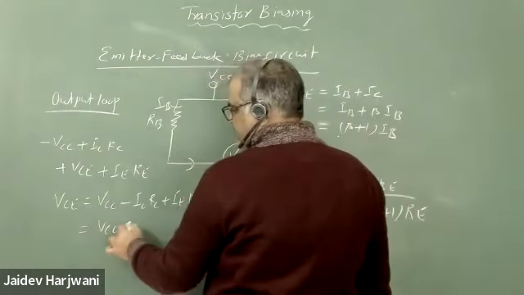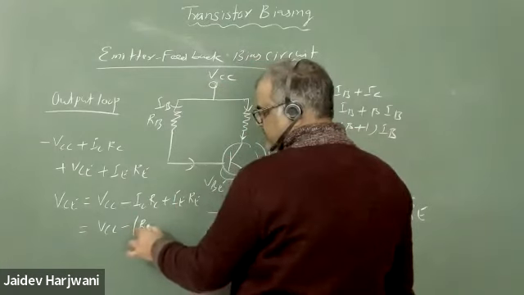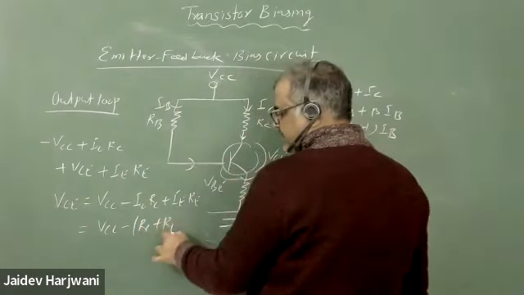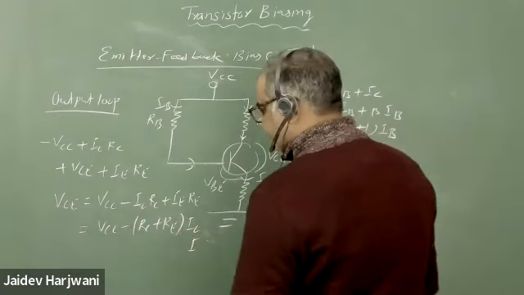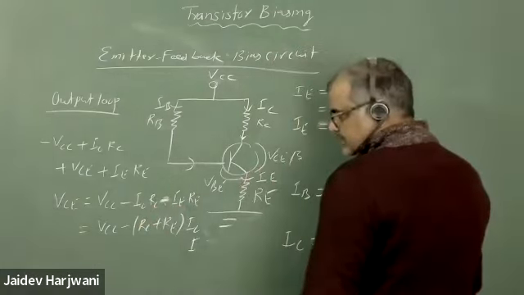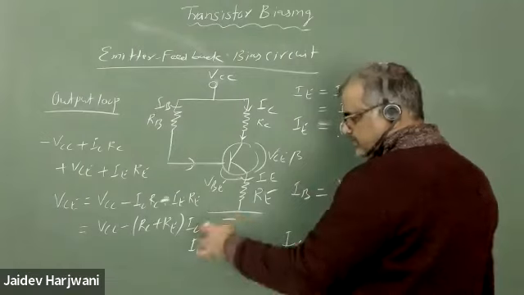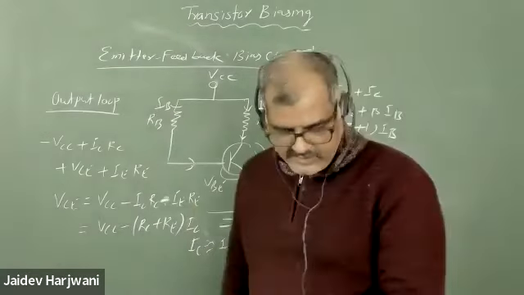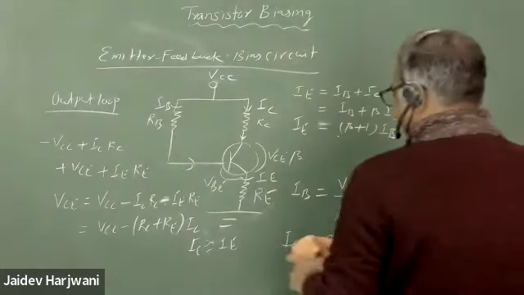Now always your IE is also equal to IC, so here you can take RC plus RE times IC, VCC minus that. Because your IC is almost equal to IE, you can keep IC in the expression for simplification.